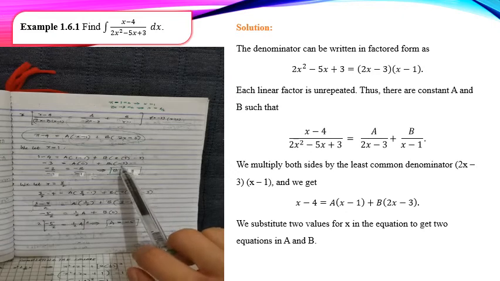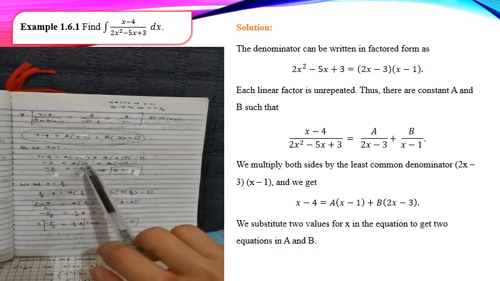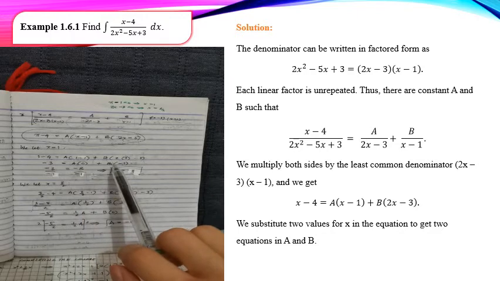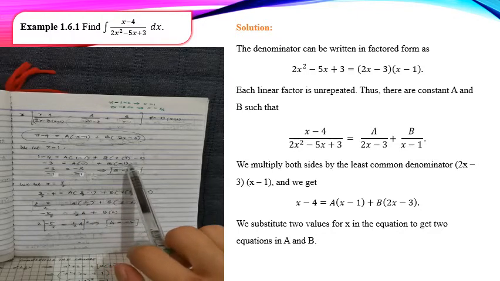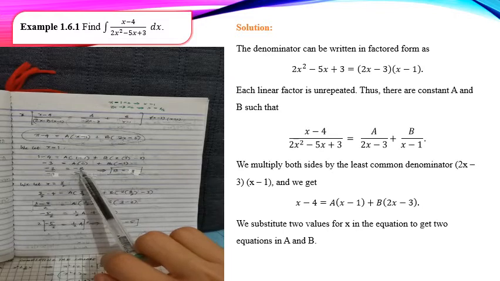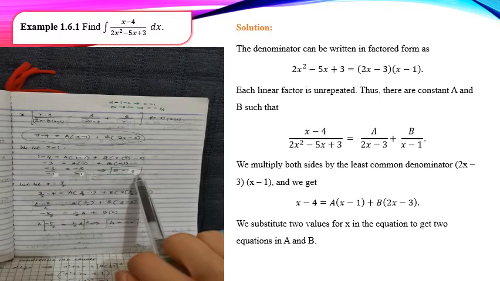So A times 0 is 0, and B times negative 1 is the same as negative B. Solving for B, divide both sides by negative 1. So B is equal to 3.